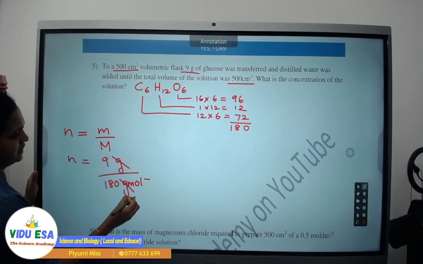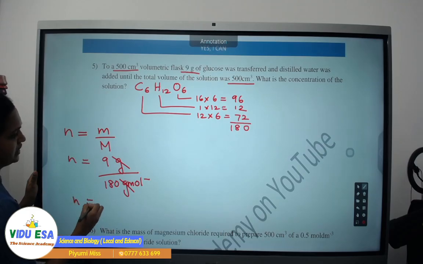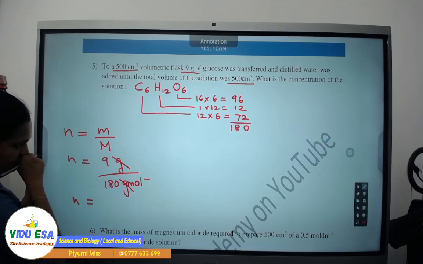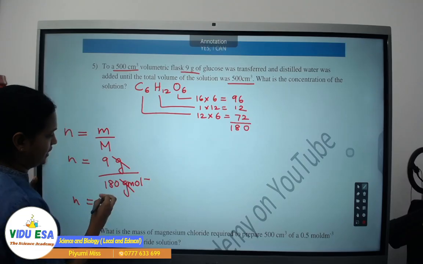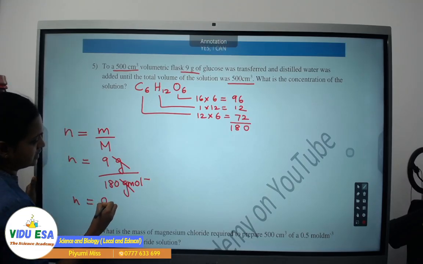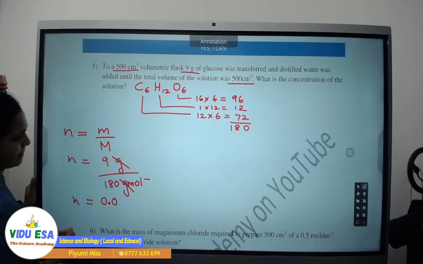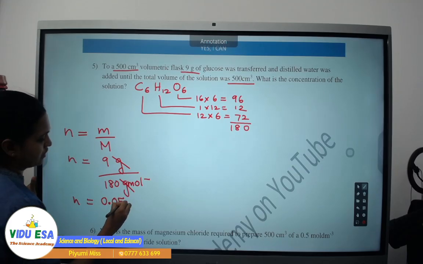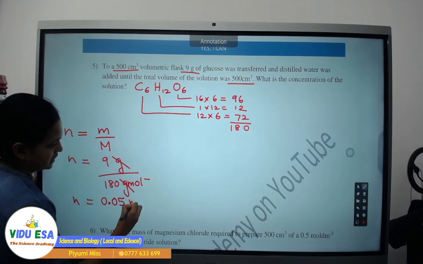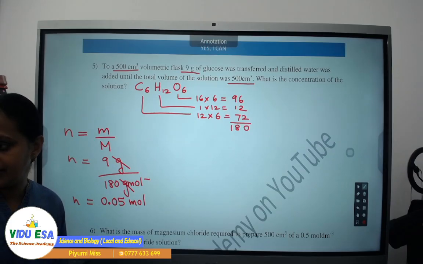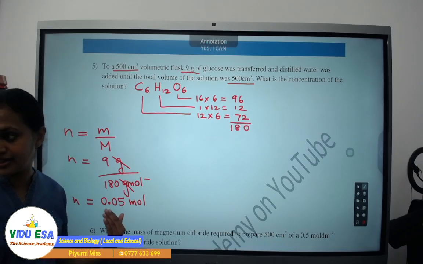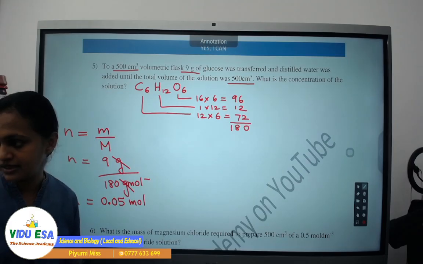So 9 divided by 180: 180 into 5 is 900, so it is 1 over 20, that is 0.05 moles.